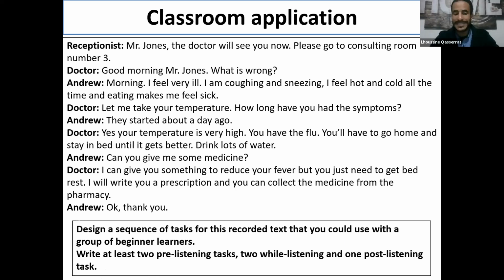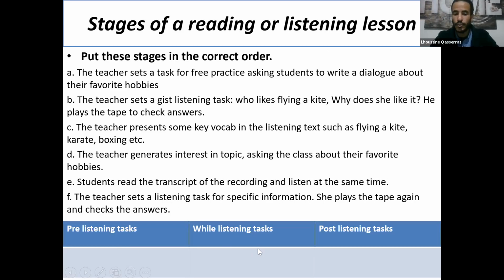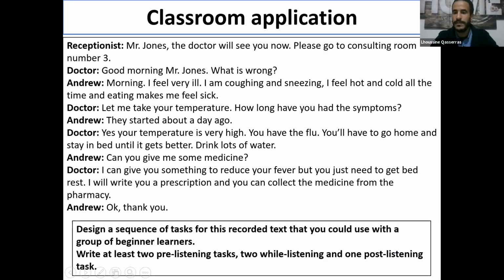Write at least 2 pre-listening tasks, 2 while-listening, and 1 post-listening task, like this one. And this is the listening text you will be based on. Okay, clear so far? Yes.